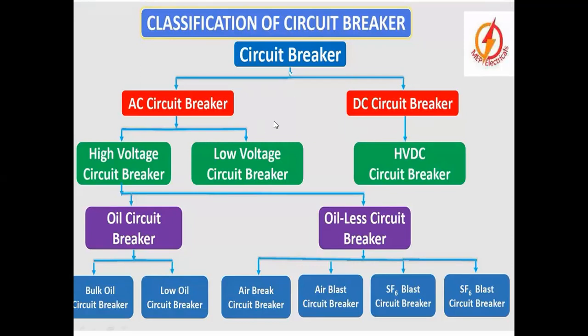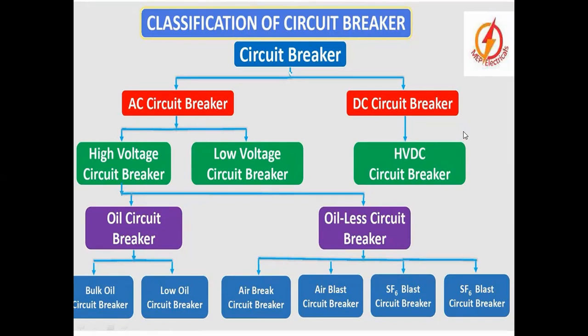We have seen AC and DC circuit breakers, high voltage and low voltage circuit breakers, then oil circuit breakers and oilless. In oil, bulk oil and low oil, that is minimum oil, and in oilless, air break, air blast, SF6, and vacuum circuit breaker. After that, we have seen the HVDC circuit breakers. This is all about the circuit breakers.